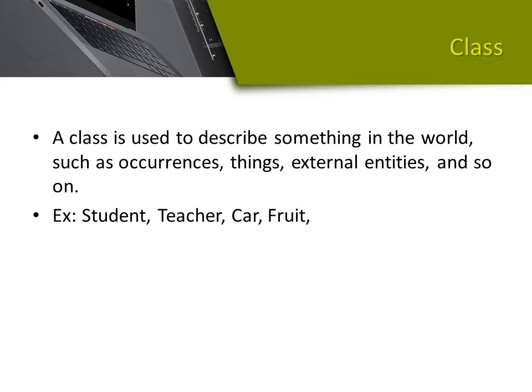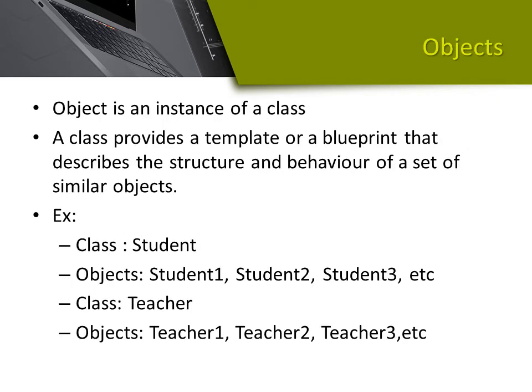So we have seen such examples. So for different applications, different entities are involved. Each of these entities are represented as a class in object oriented programming. So let us move further with the concepts.